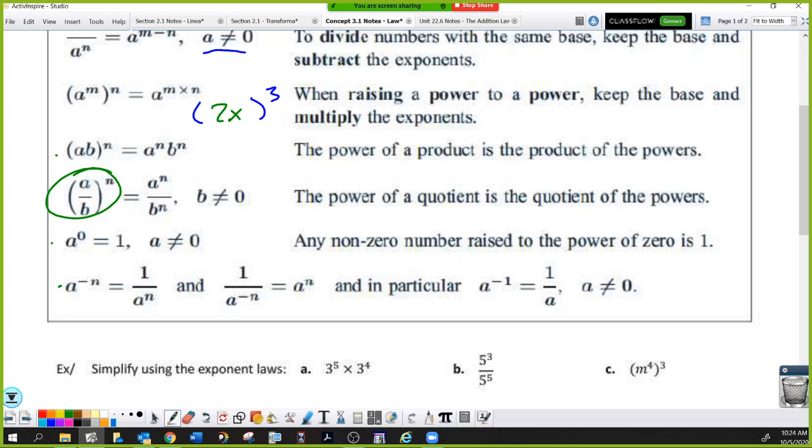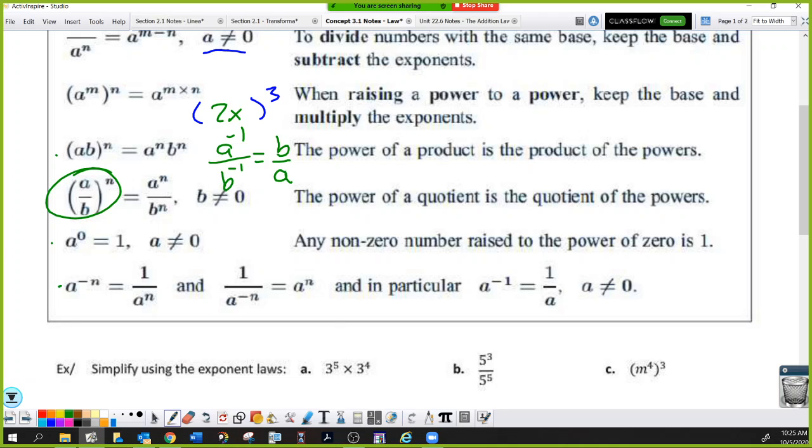So if I raise that a over b to the -1, that would have given me a to the -1 over b to the -1. Both objects would have moved across the fraction bar, giving me a net result of flip the fraction over. That's the only time you can say flip the fraction over. It's if the whole fraction has a negative exponent. Otherwise, a negative exponent moves an object to the other side of its fraction bar.